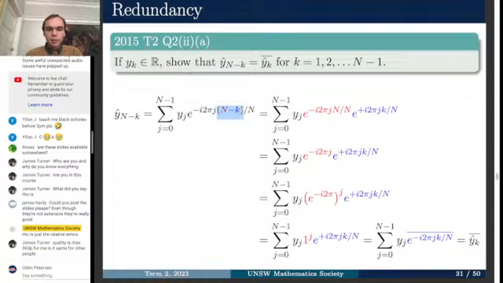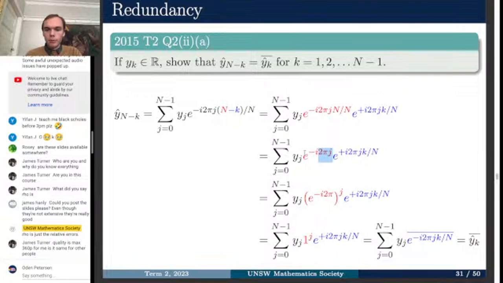And then this splits out into a term where the frequency is n, and then this term where the frequency is minus k, and this minus and this minus turn into a plus. Yeah, and so because we have n over n here, this is an integer multiple of 2 pi.